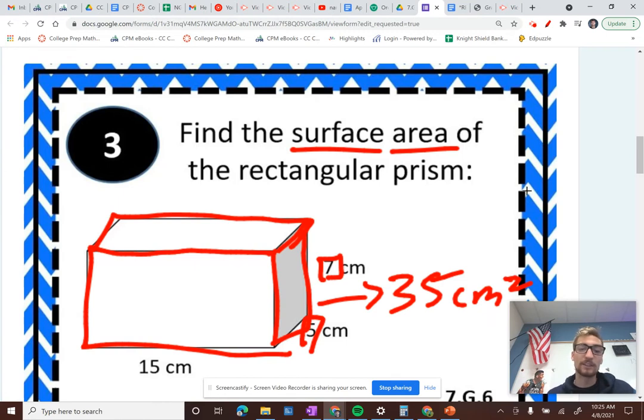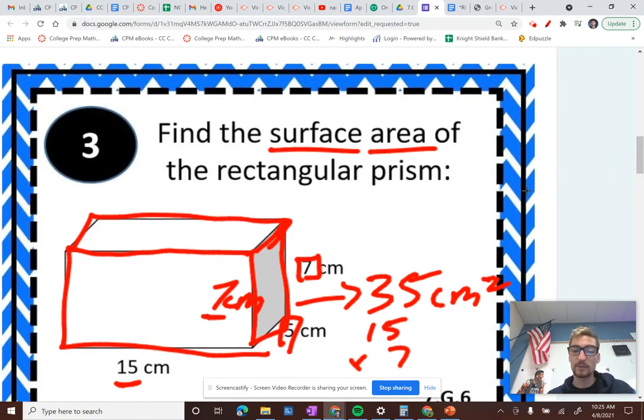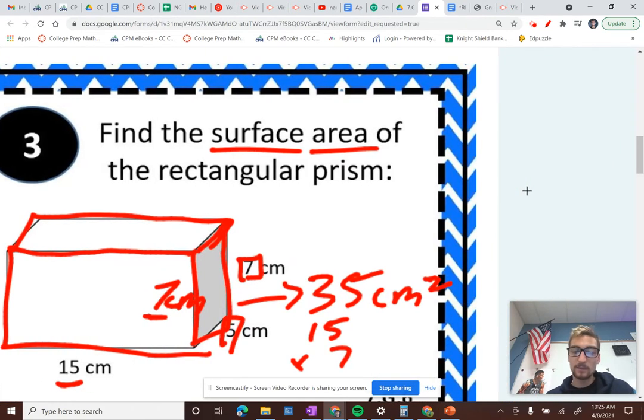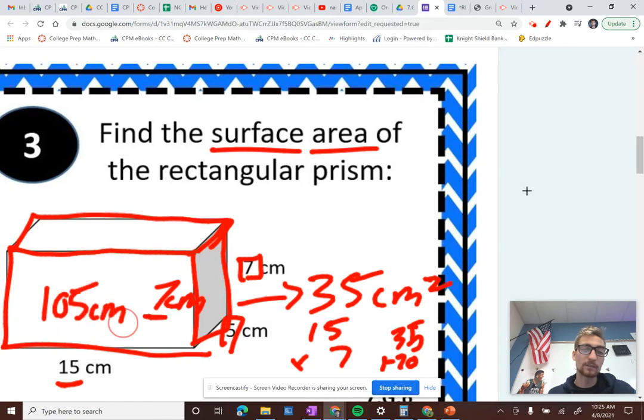And then 15 times 7, because that's base times the height, is going to give me 105 centimeters squared.